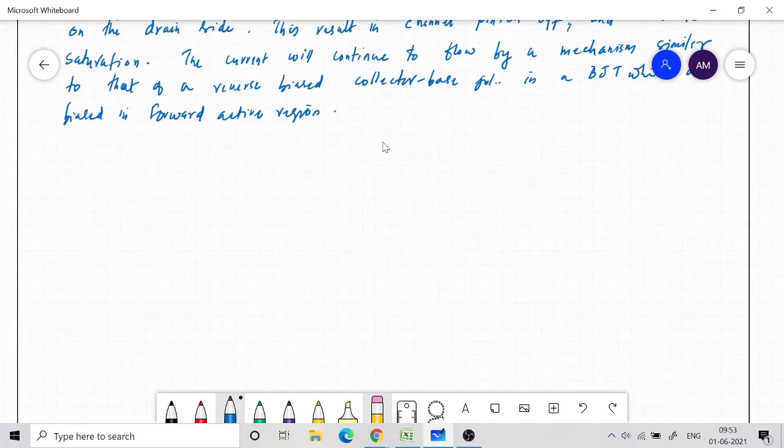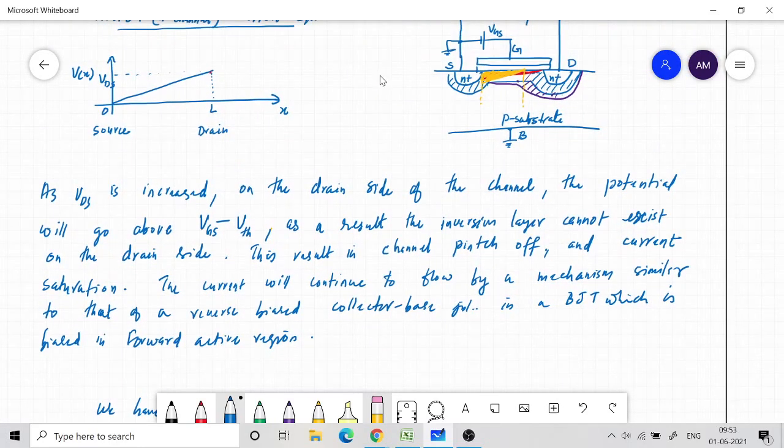So let me rewrite the expression that we have derived, the expression for IDS, that is the drain to source current. This current is going to flow in the minus x direction.